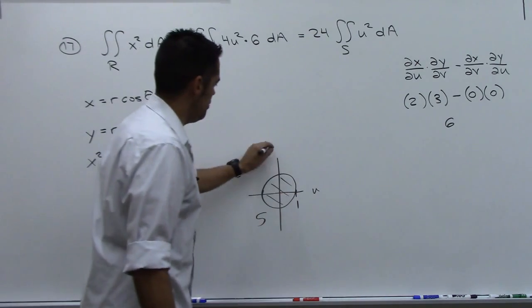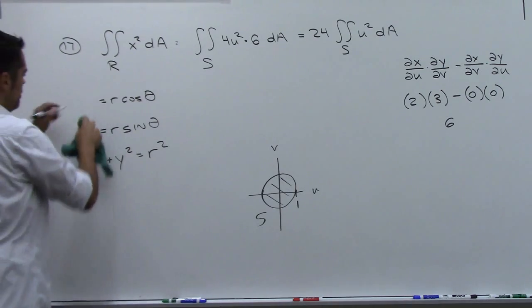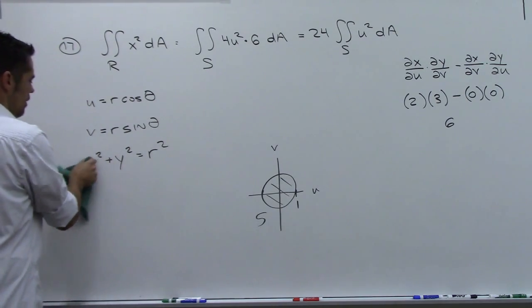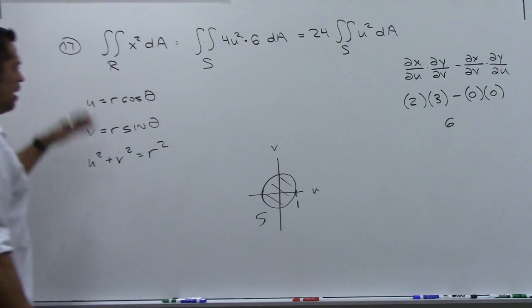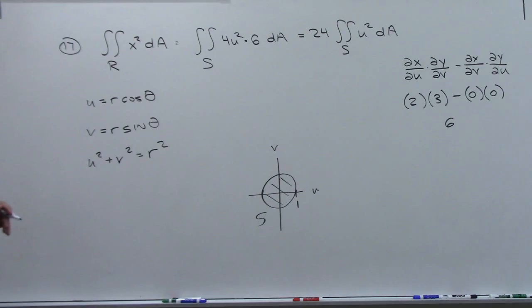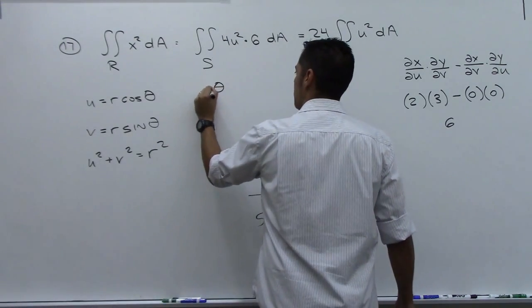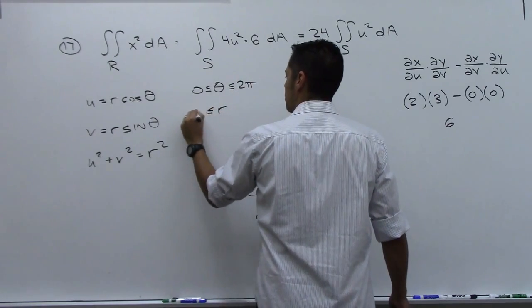Here we have u and v, so I'm just going to replace my x with u, my y with v. All right, and those are my transformations. So from that, I know my theta to draw this region has to be between 0 and 2 pi. I know that my r has to be between 0 and 1.